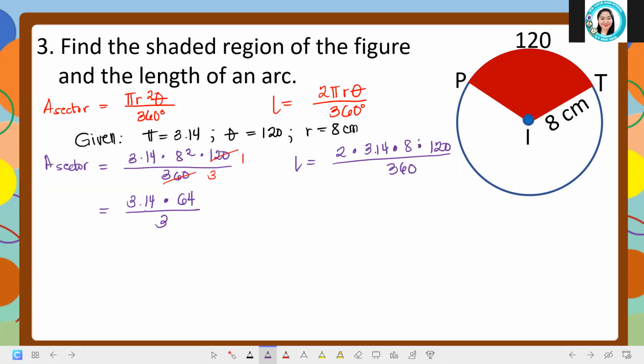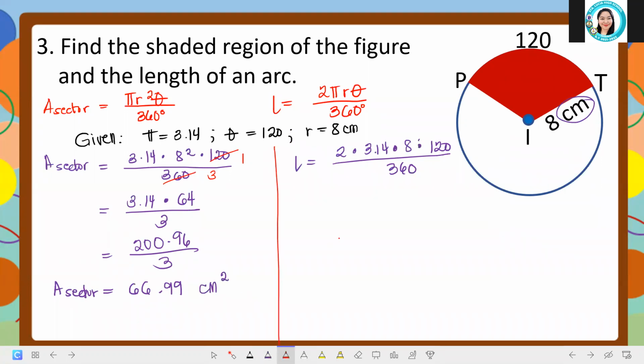Let's solve that. 3.14 times 64 is 200.96 divided by 3. If you divide that to 3, you'll get 66.99. And that is the area of a sector. Meron ba siyang unit? Meron, centimeter. So that's cm squared.